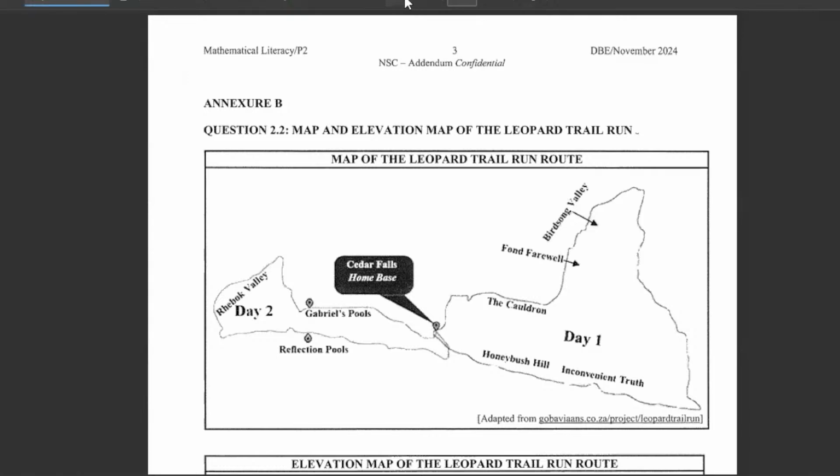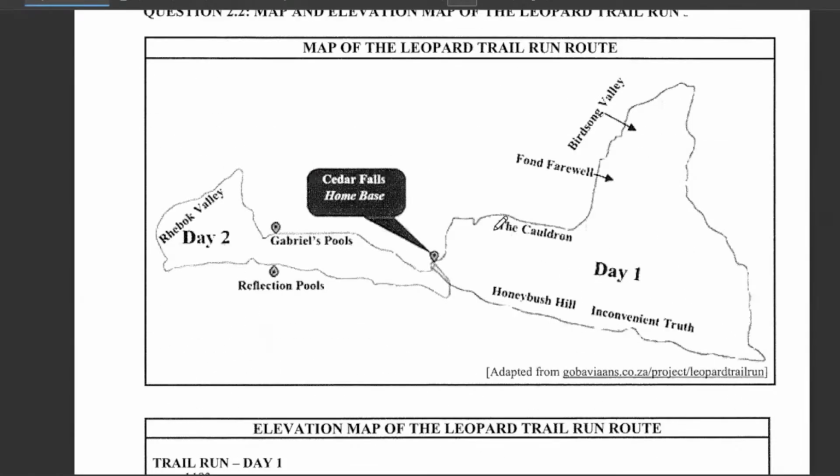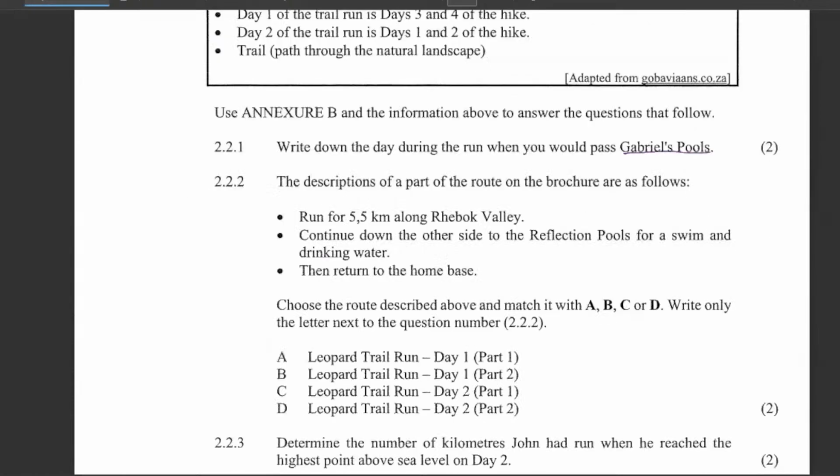So this is the next page. So Gabriel's Pools, it's this side here. And this is day 2. They're telling us write down the day, and we are saying day 2.